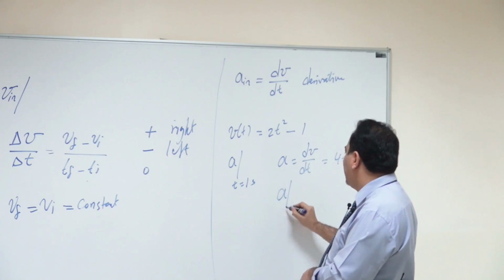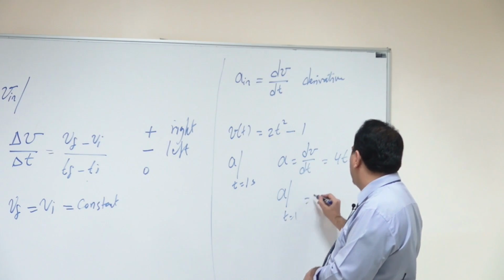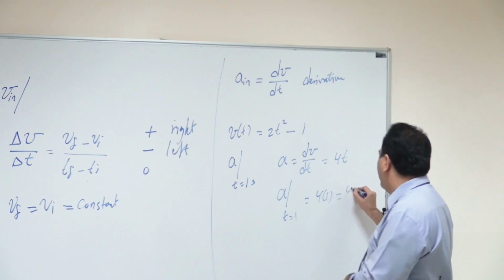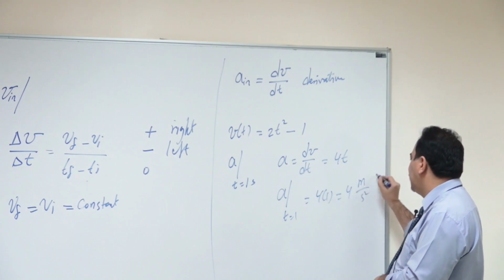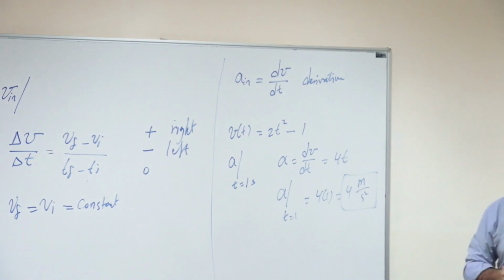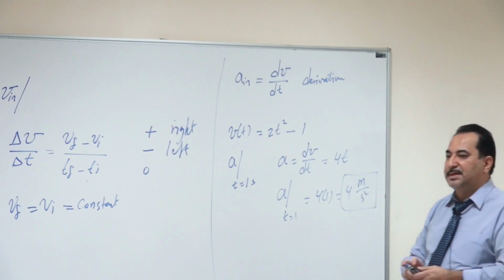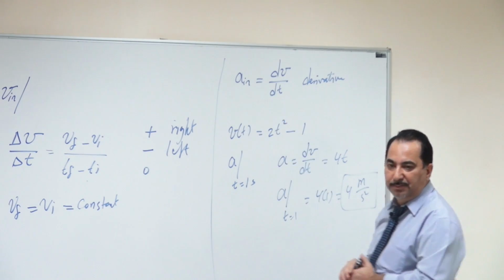So acceleration at t equal 1 is 4 by 1, 4 meters per second squared. This is the instantaneous acceleration.